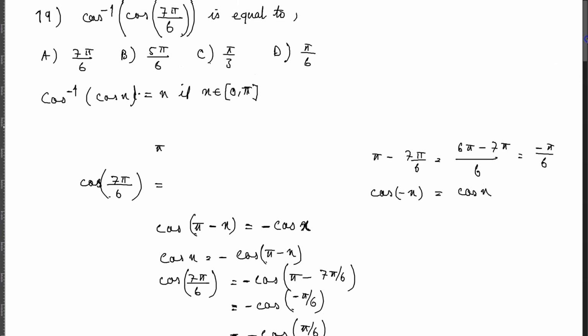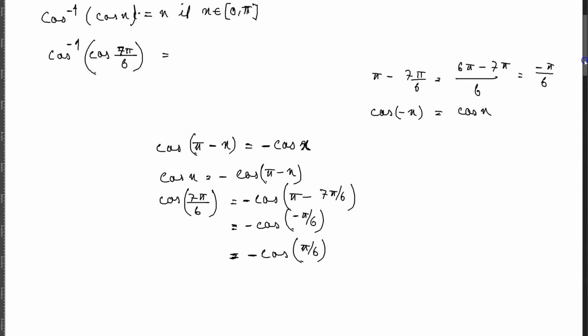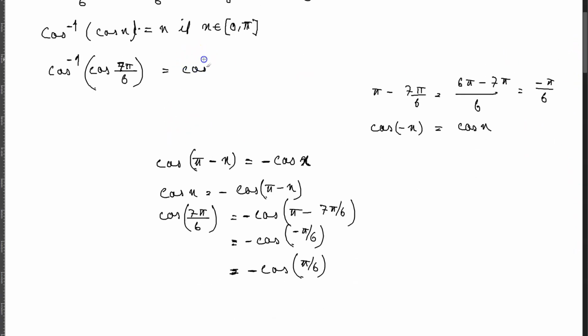Which means that I have to write the cos inverse of cos of 7 pi by 6 as the cos inverse of negative cos of pi by 6, right?